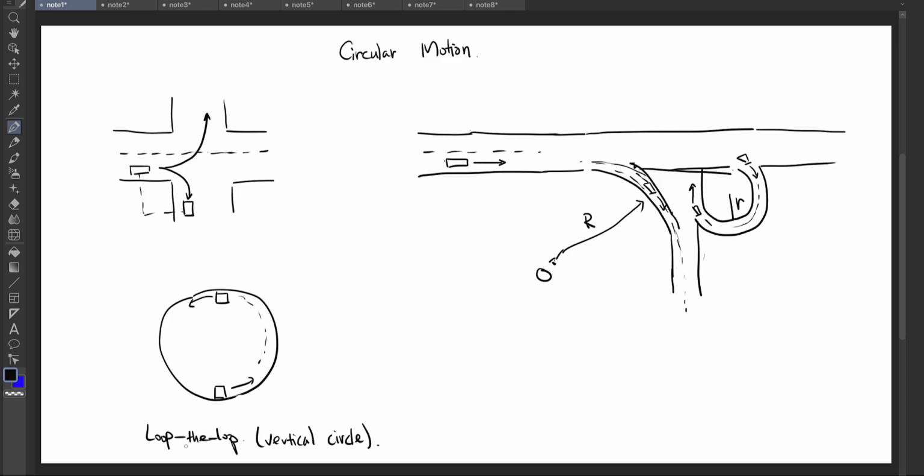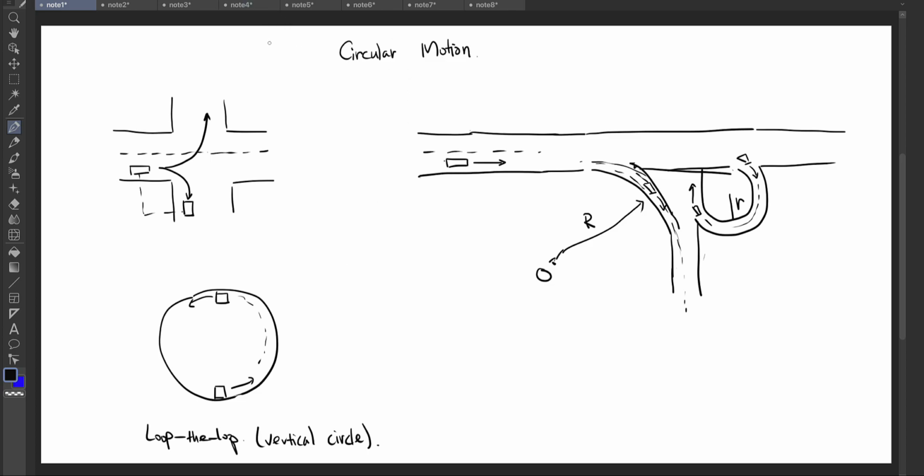And that's called a loop-the-loop. It's one kind of classical problem that people talk about all the time. Okay, so we're going to talk about these different circular motion situations in this section of the lecture.